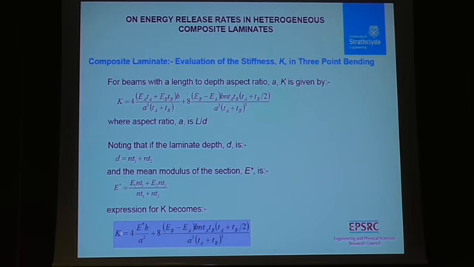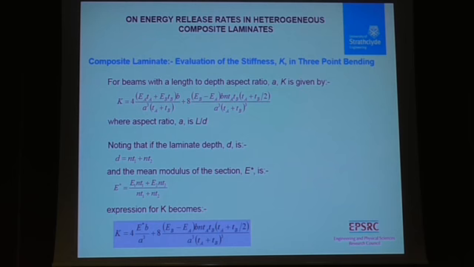So this expression of stiffness now involves a leading term, which involves the length to depth aspect ratio A, but remember that's constant for all sample sizes, and then I've got this term here, which is the size effect term. And I'd also draw your attention to this negative sign here, because depending on the relative size of the moduli here, this size effect can change sign.